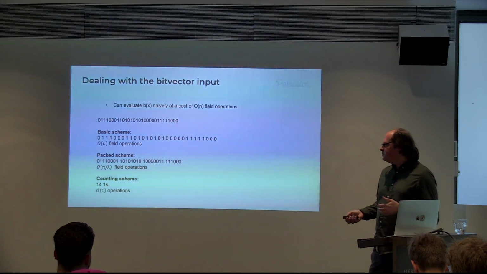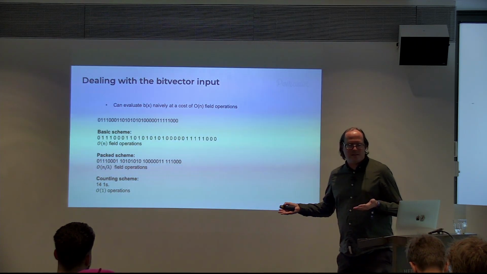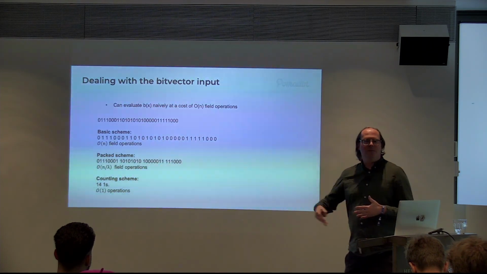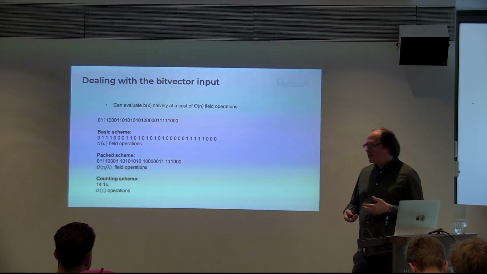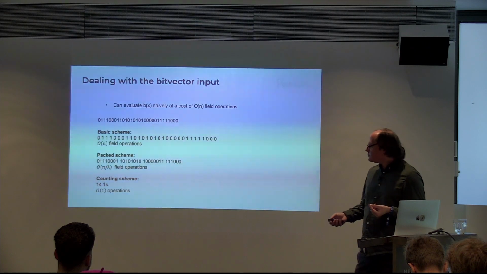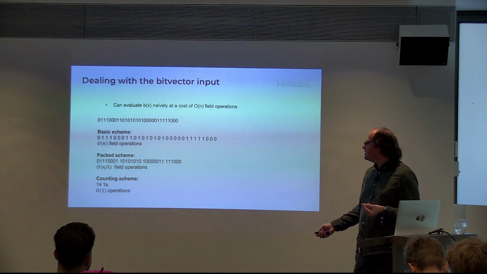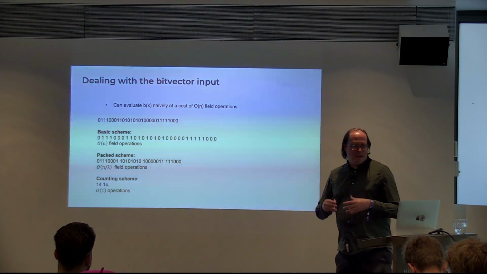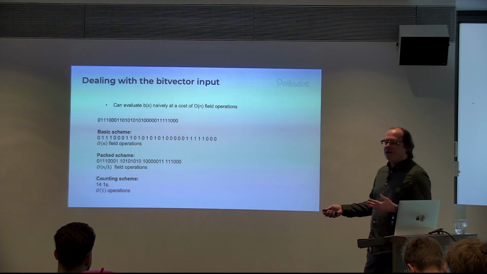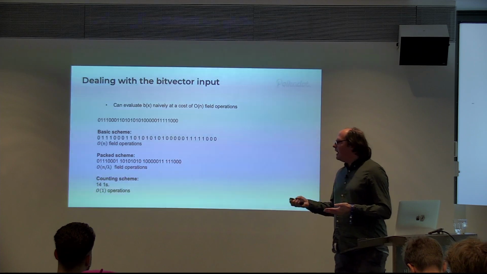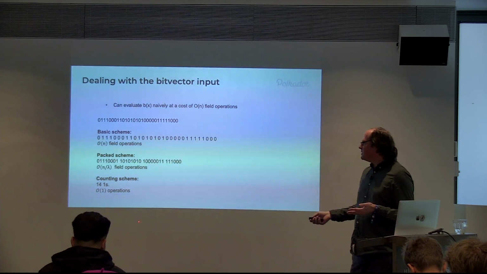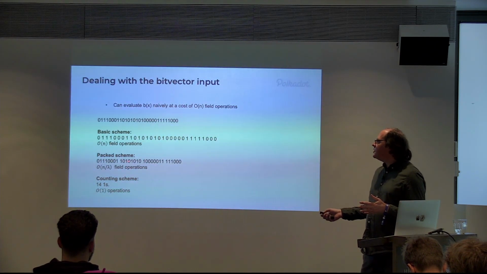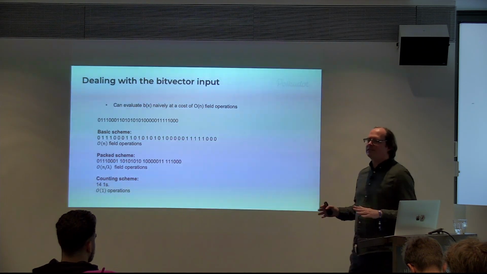It ends up being 100 times fewer field operations to deal with this bit vector, at the cost of some constant number of extra group elements, because we have to add some more constraints. Or you could just give up on this bit field entry and just count the number of ones. Your input would be the number of signers, and you could trivially add some constraints to compute that from b of x. But we are trying to put the bit field in for reasons I'll go into later.